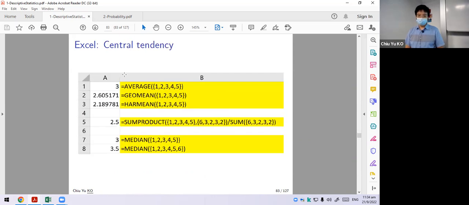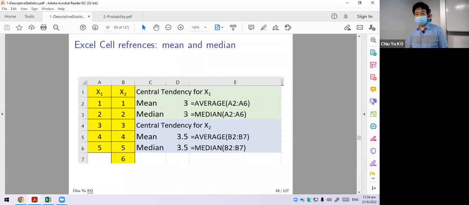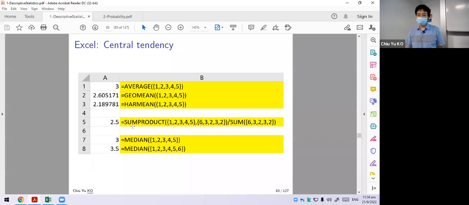And this is the summary of what has been done in the class. We do it in the main slides, and this is how you do the calculation here. We learned referencing, so there is no need to write things in the formula, but you know how to do it in the formula.